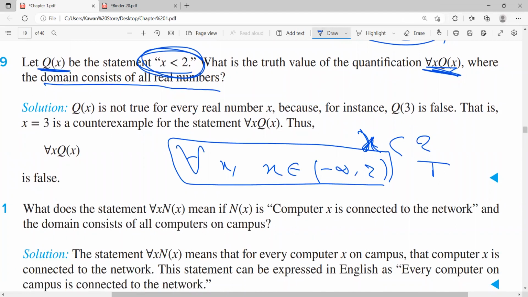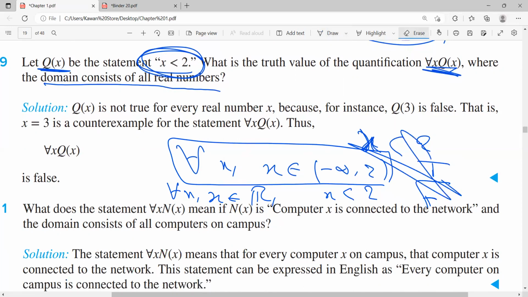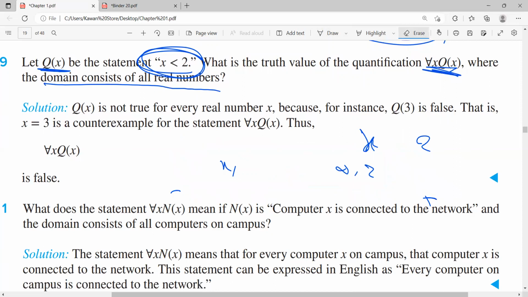So how about generally speaking? For all X belonging to the real numbers, tell me, is this statement true or false? For all real numbers, all universal real numbers. Of course, false. Understood? So generally speaking, what was the question? What is the truth value, where the domain consists of all real numbers?